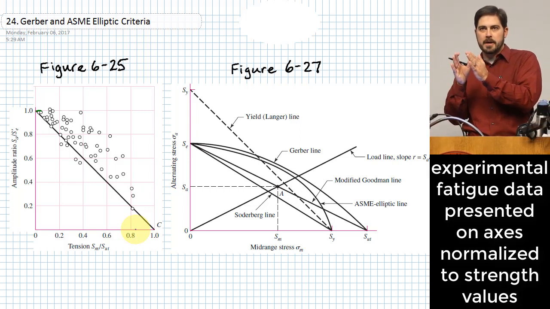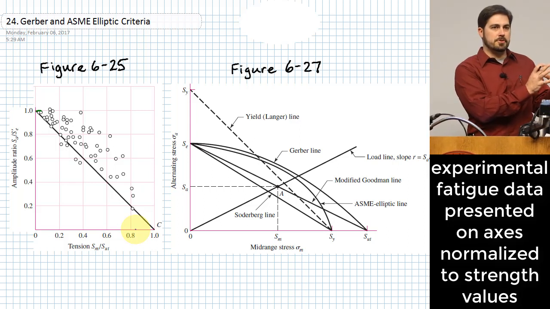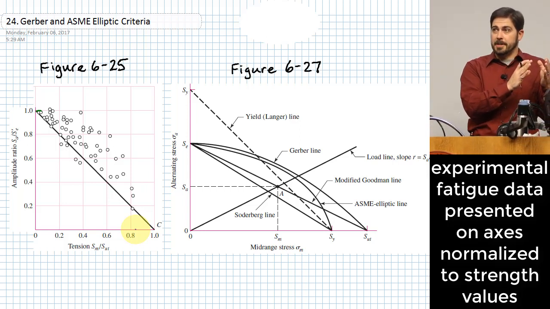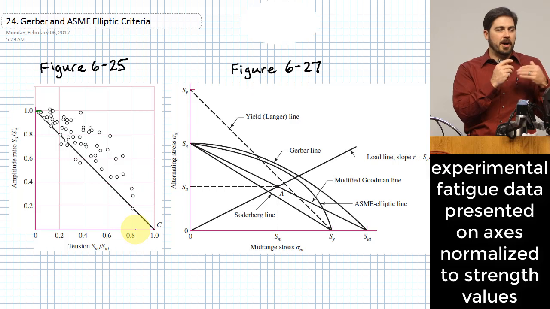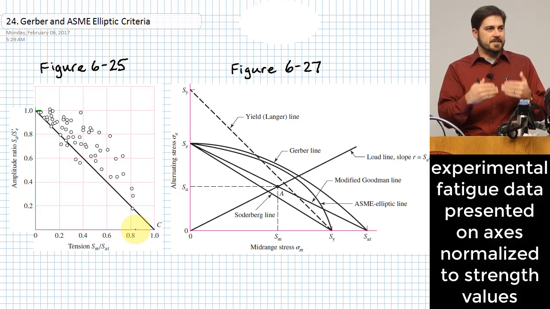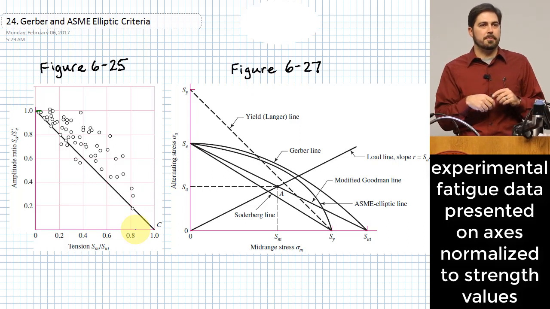And then you compare the alternating portion of your stress to the endurance limit, because that tells you how far you are into the idea that you could fail your part by cycling the load too large a number of times.